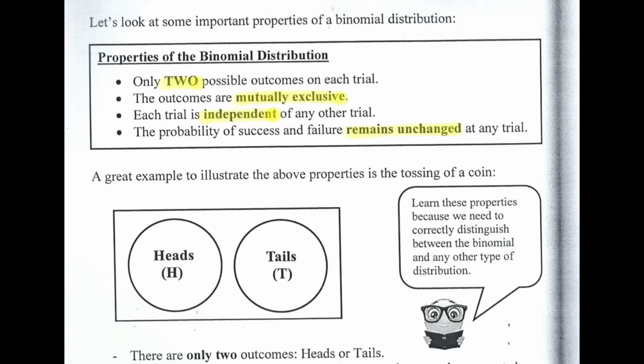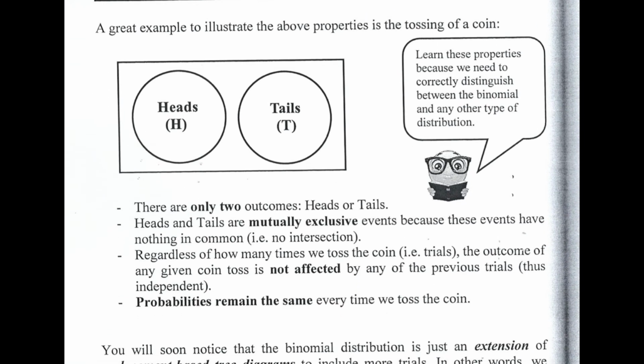Okay, and then there's the Venn diagram that I spoke about, where you can see it's mutually exclusive, the circles don't intersect at all, and these 4 points basically explain the conditions above. So there are only two outcomes. It can be heads or tails. You can't even have anything out here in the sample space, because when the coin lands, it's either going to land on heads or tails.